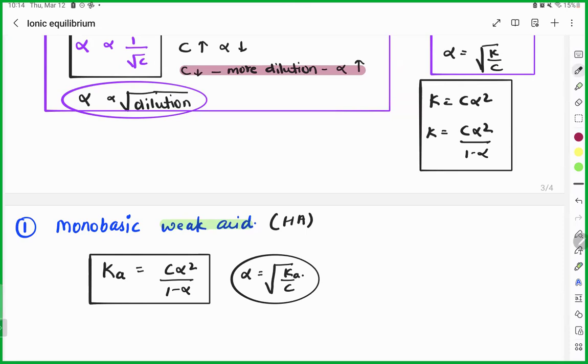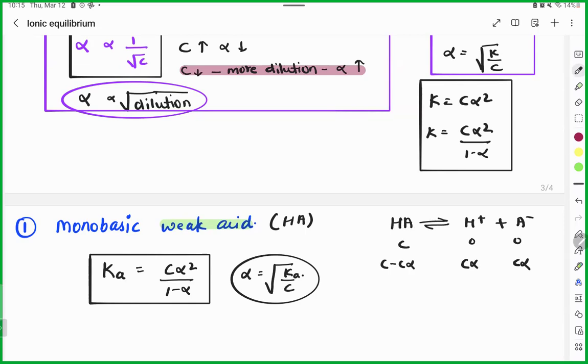Any doubt in this? Also, if you take this HA, then it will break down into H positive ion and A negative ion. Initial concentration C, 0, 0. Final concentration C minus C alpha, C alpha, C alpha. Same thing.